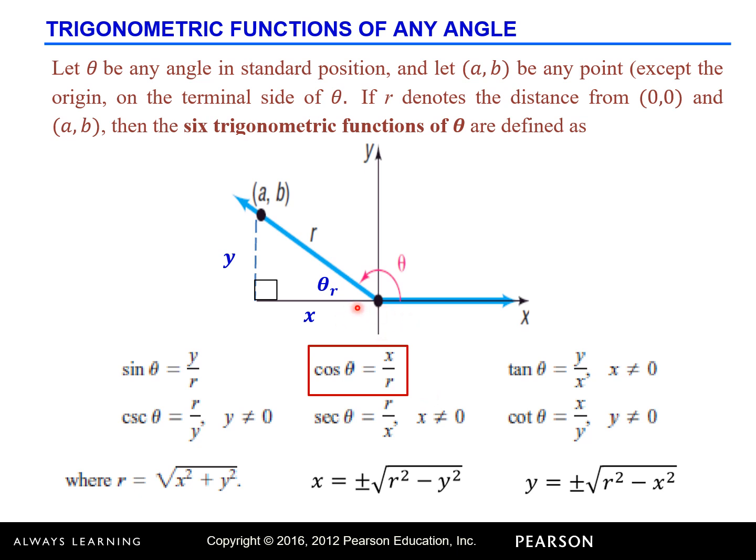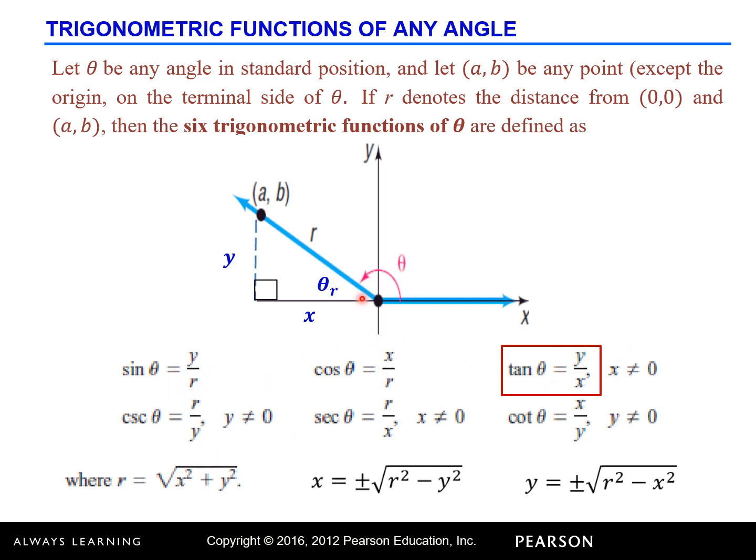For tangent theta, it is opposite over adjacent, so it's y over x. As you can see, when we have the sine, cosine, and tangent, the reciprocal functions are cosecant, secant, and cotangent. So you will just get the reciprocal of these three values.